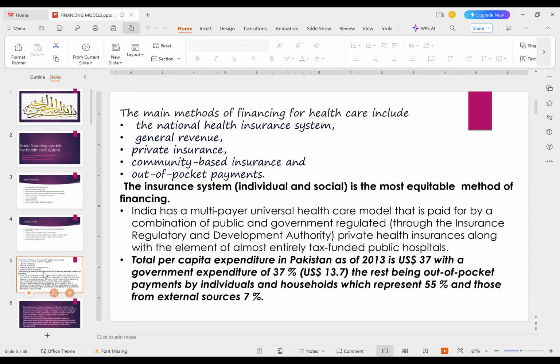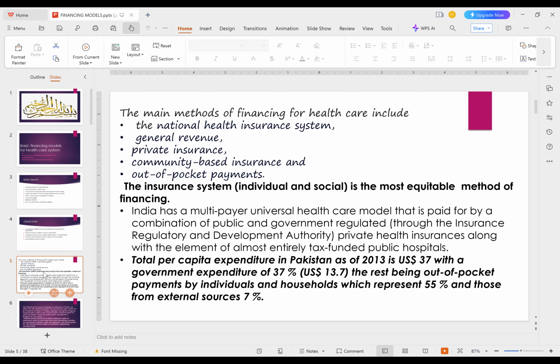India has a multi-payer universal healthcare model that is paid for by a combination of public and government regulated through the Insurance Regulatory and Development Authority, private health insurances, along with almost entirely tax-funded public hospitals.